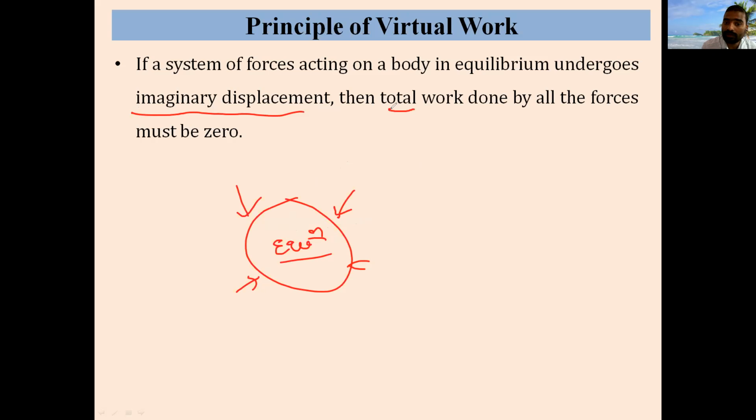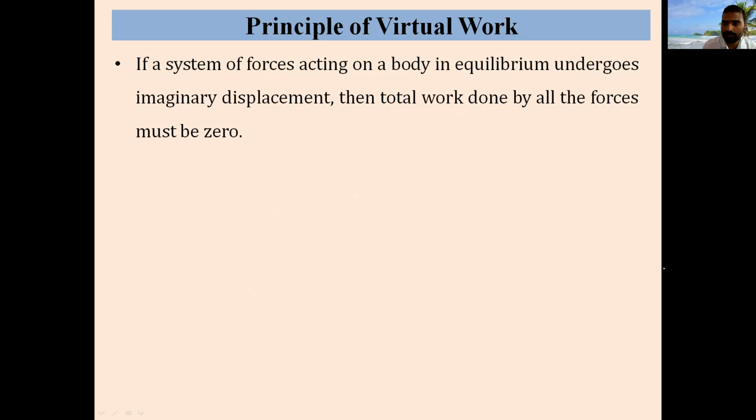Then the total work done by all these forces must be equal to zero. This is the principle of virtual work. If a system of forces acting on a body in equilibrium undergoes an imaginary displacement, then the total work done by all the forces must be zero. Is it clear? Principle of virtual work?